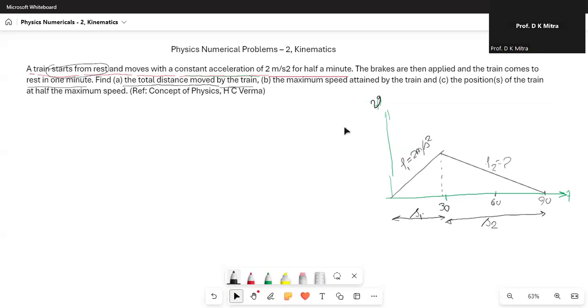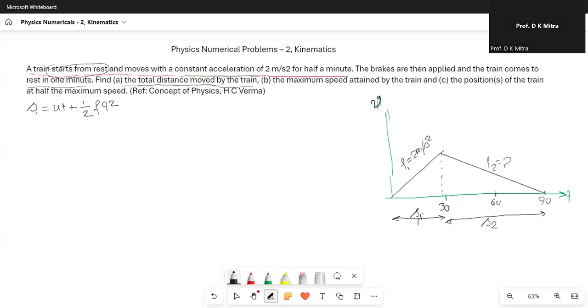So we can use the kinematic second equation, which says that distance traveled is equal to ut plus half ft square. Here we are trying to find out S1.